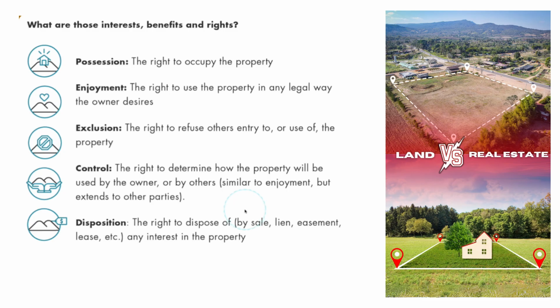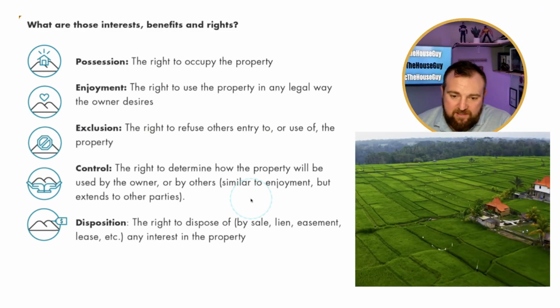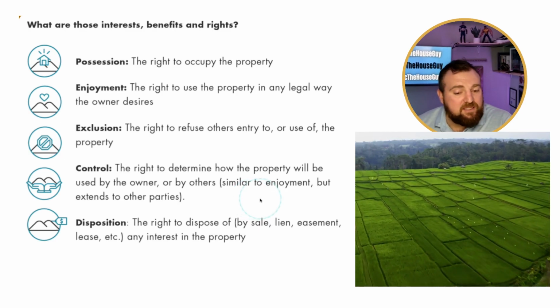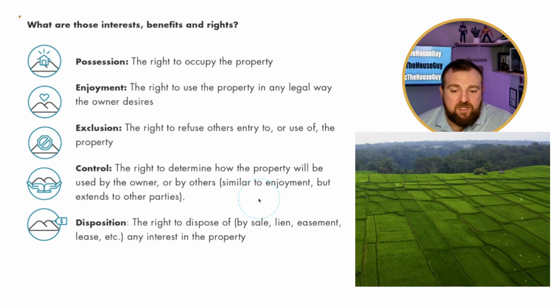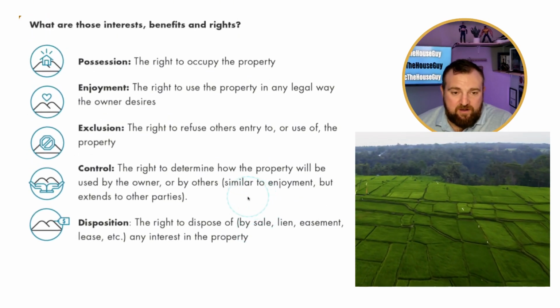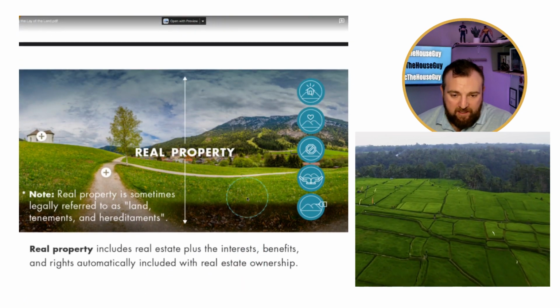Control, the right to determine how the property will be used by the owner or by others, similar to enjoyment but extends to other parties. Disposition, the right to dispose of by sale, lien, easement, lease, any interest in the property. These are big. These are very, very important for you to understand.